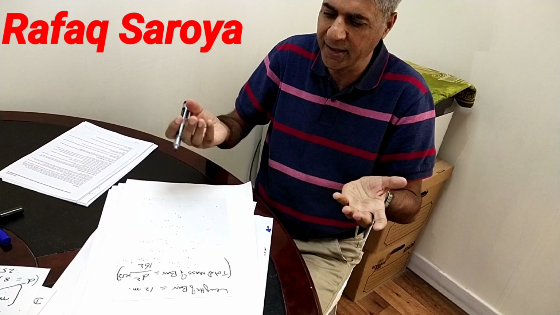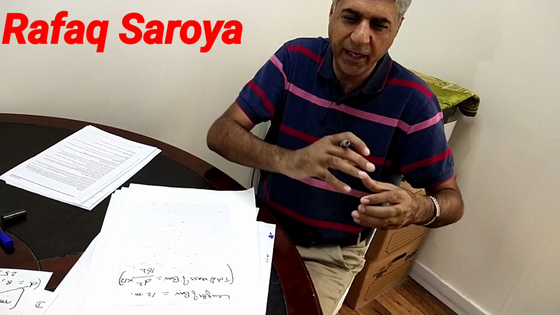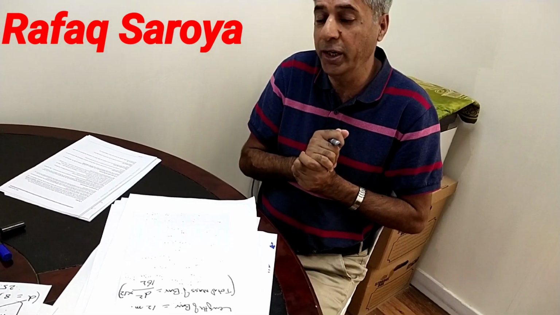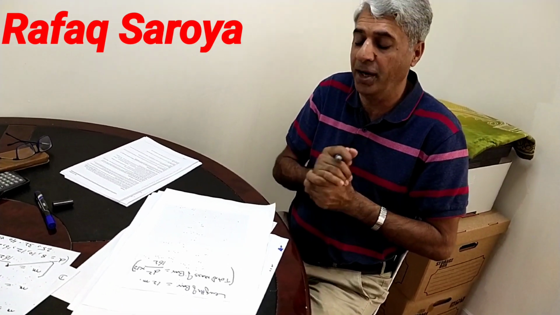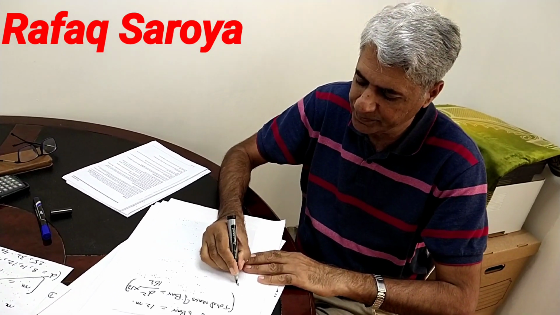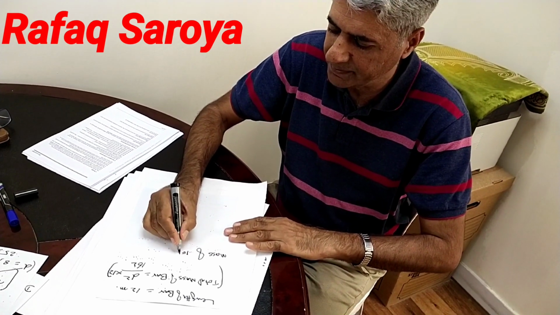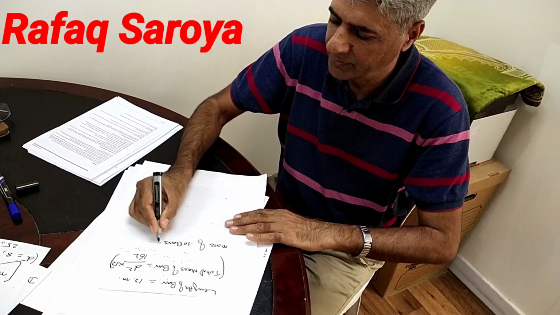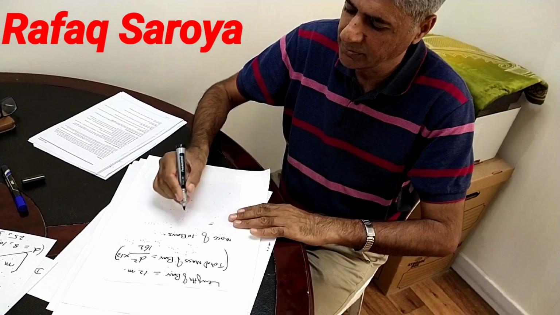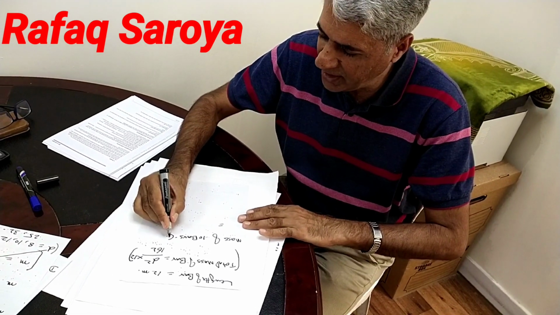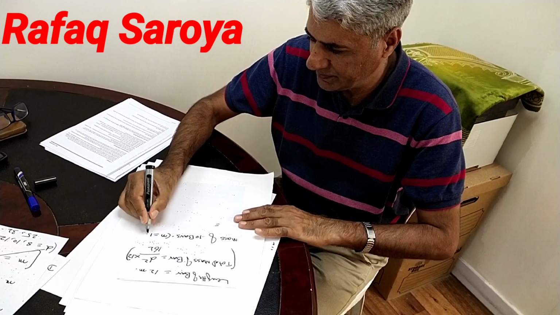If we have 10 bars, for example, if we have a bundle of 10 bars, how will we find out the mass of the 10 bars? It is very simple. Let me represent n is equal to 10.